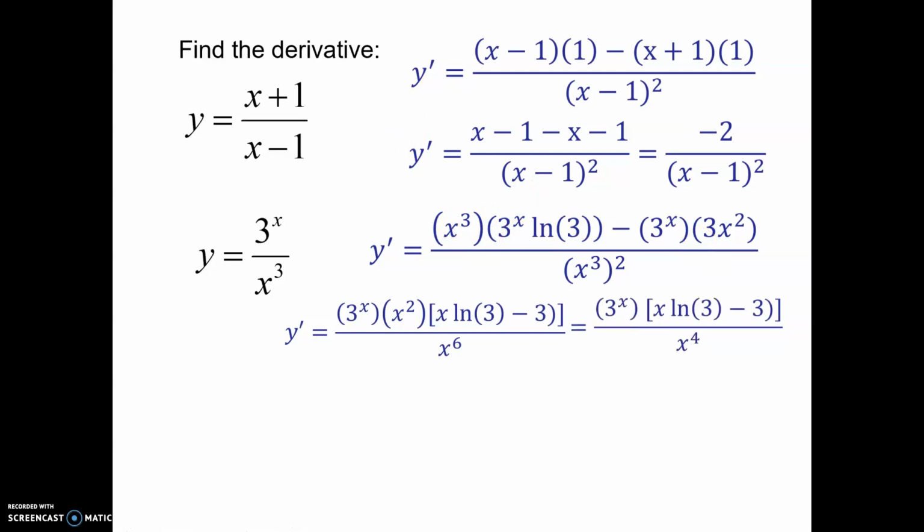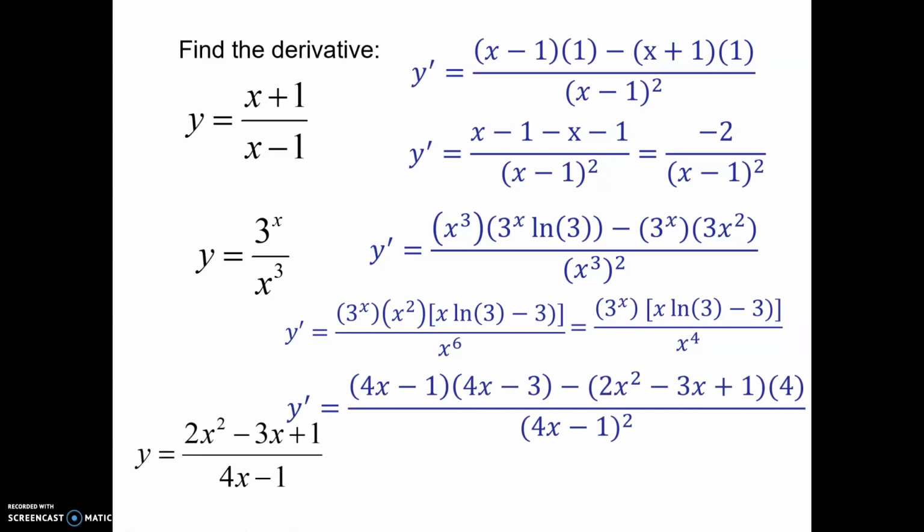There's my simplified, when I can then cancel x squared and 2 of these x's in the bottom. Again, let's try the quotient rule. Low d high minus high d low all over low squared. And a little bit of algebra, we simplify.